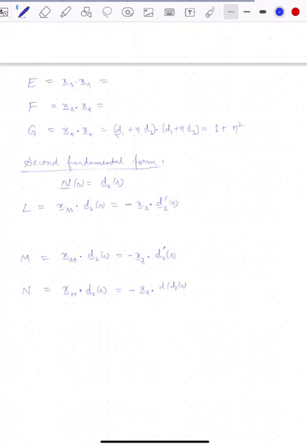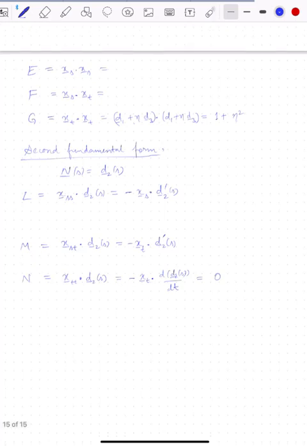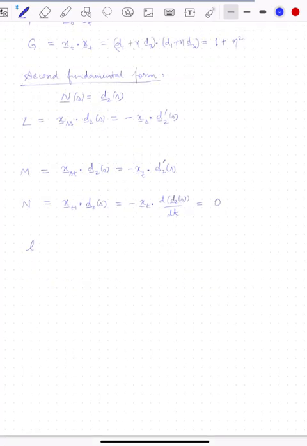This is the derivative of the vector of S with respect to t, which is of course 0. So we'll have just minus 0, or it's just 0. All right. And mind you that the Gaussian curvature k is equal to ln minus m squared divided by eg minus f squared.